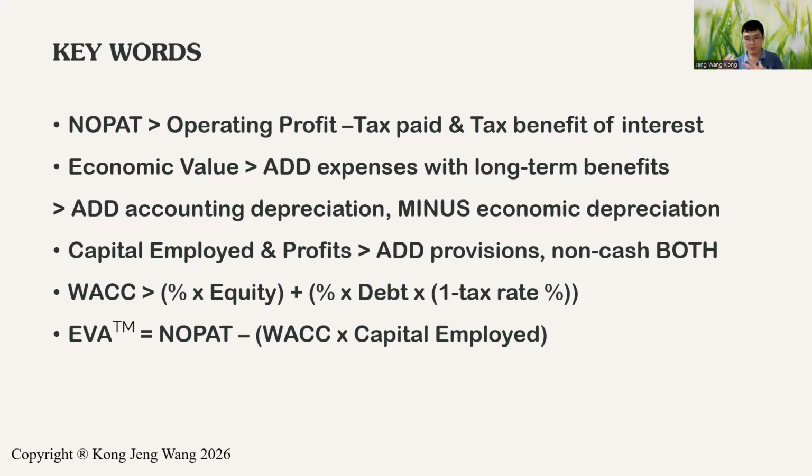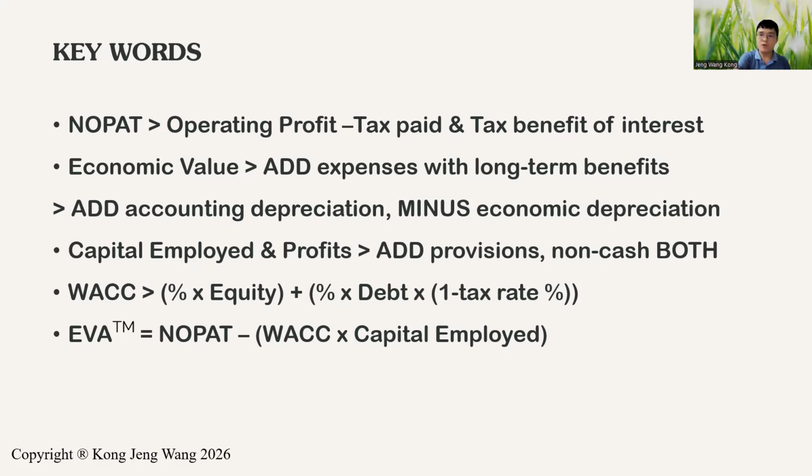Capital employed and profits: remember to add provisions and also non-cash items. If there are any provisions selected in the questions, then you need to add the provision back to the operating profit, because it is considered very prudent, because accounting is based on the prudent accounting basis, while EVA is based on the economic value basis.